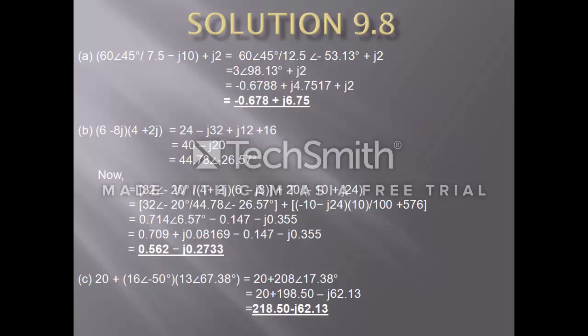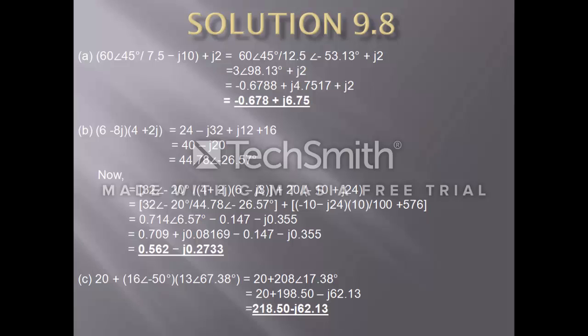So the solution of question 9.8, for the A part, which is 60 phase angle of 45 degrees divided by 7.5 minus 10j plus j2. We change the denominator of the first bracket, that is 7.5 minus 10j, into its phase form, that is 12.5 with a phase angle of minus 53.13 degrees. So the equation turns into 60 phase angle of 45 degrees divided by 12.5 phase angle of minus 53.13 degrees plus j2.